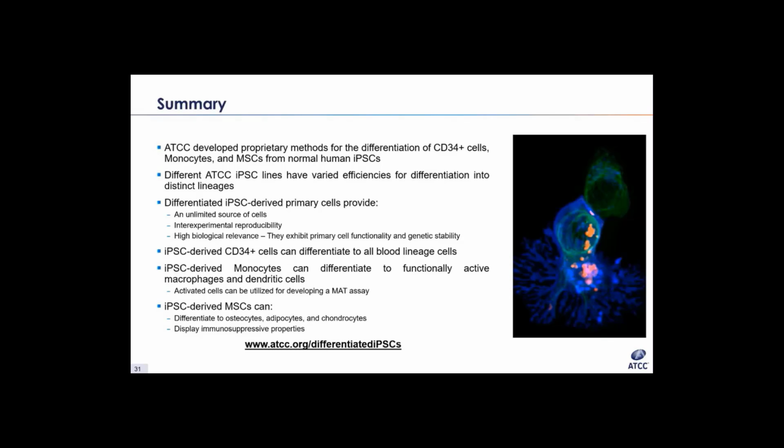Okay, we've got another couple of questions that have come in, but both are kind of specific to our iPSCs, maybe more of a custom service. So the first question is can we request iPSCs to be derived from disease patient donors with certain mutations?